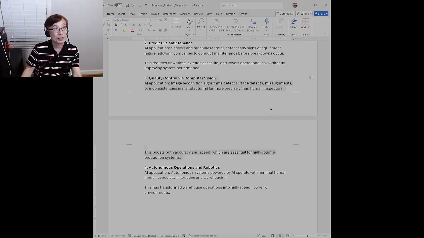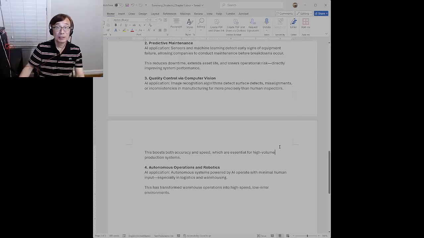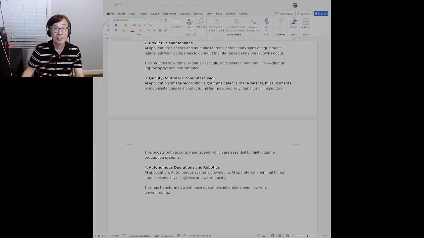Again, with the help of image recognition algorithms and all those sensors, you can detect or find any problems, issues, inconsistencies in manufacturing before things happen again, right? Because those are very tiny things we cannot detect by human eyes, but AI can. So that's the idea of using AI in this sector.